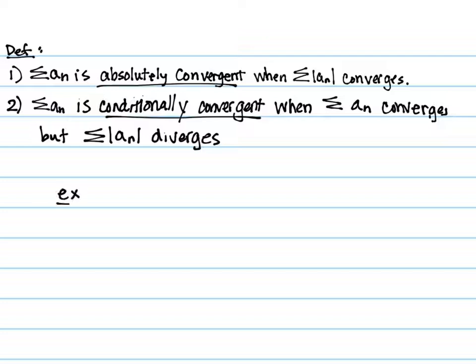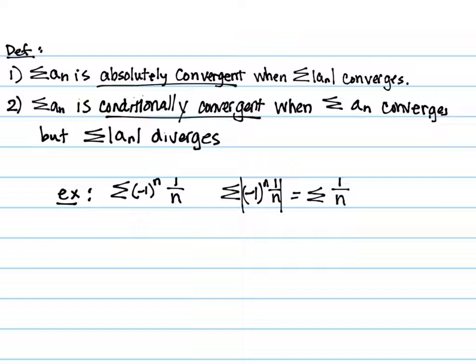This isn't an example where we have to work through very much, but just to illustrate the definition: if we had the summation of (-1) to the n of 1 over n, and we compared that to the summation of 1 over n, let me write it this way. If I took the absolute value, the summation of 1 over n would diverge, correct? This is the harmonic series. So the absolute value diverges.